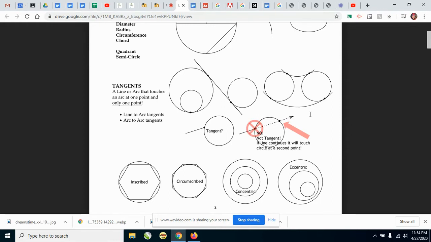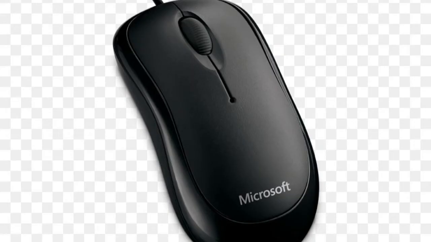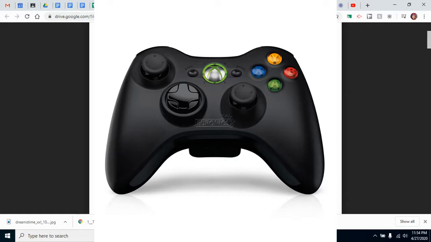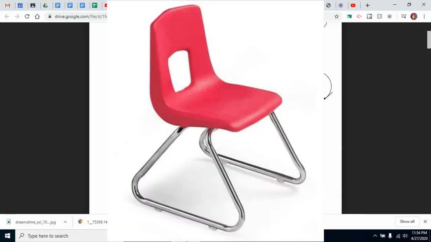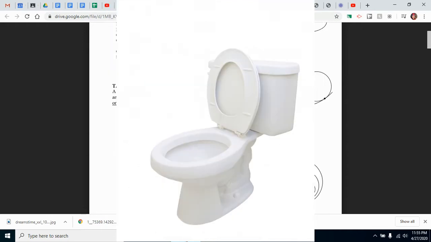It is so important to product design. If you are interested in becoming an industrial designer or a product designer or a design engineer, you better learn how to love tangents. They are in everything that you might touch on a daily basis with your hands, a mouse, and yes, that Xbox remote, and things that you actually touch with your backsides. Yeah, that chair, and well, that too.